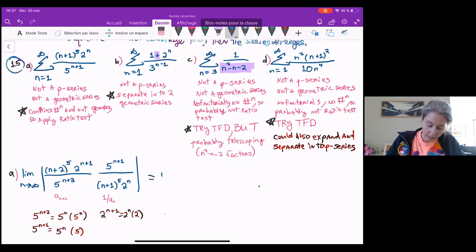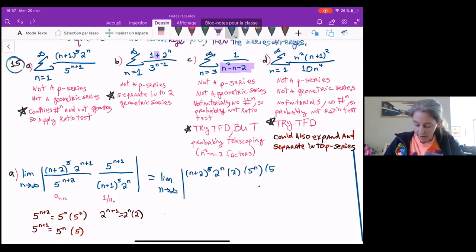So this is equal to the limit as n approaches infinity, n plus 2 to the 5th, 2 to the n, times 2, times 5 to the n, times 5, all over 5 to the n, times 5 squared, n plus 1 to the 5th, 2 to the n.